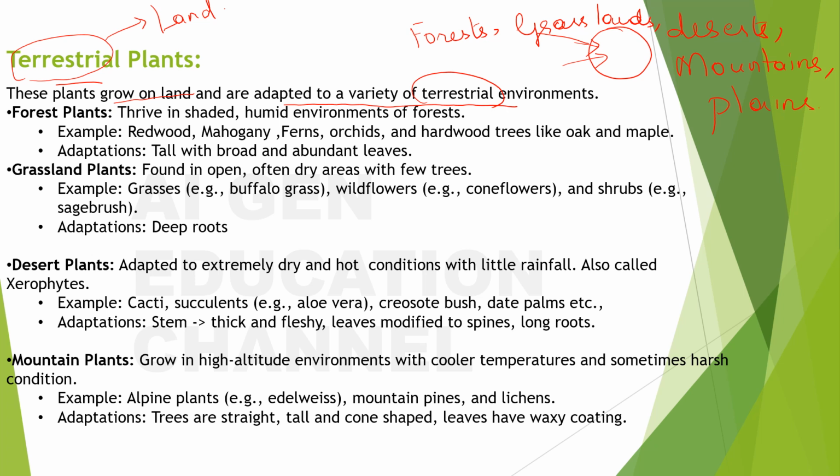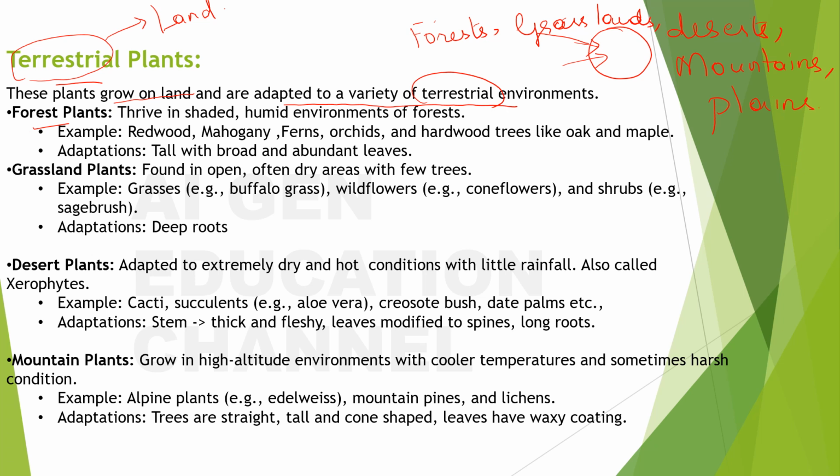Everything will be different from one another, right? So now some plants can grow in forests, some plants can grow in grasslands, some in deserts, some in mountains, and some in plains, right? So we will see the peculiarity of each habitat and the plants that survive in this place.